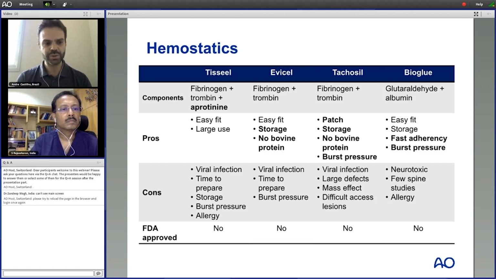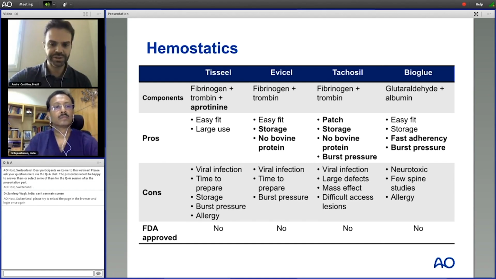I will try to highlight some particularities of these agents. In the hemostatic group, we have to keep in mind that none of them are FDA approved for neurosurgery. They are all designed for cardiovascular or general surgery.